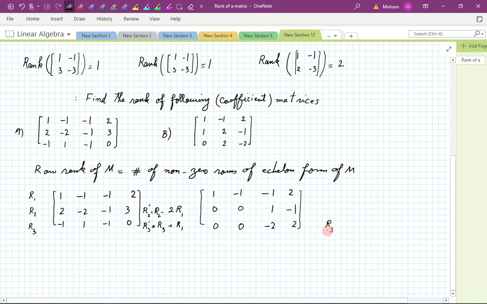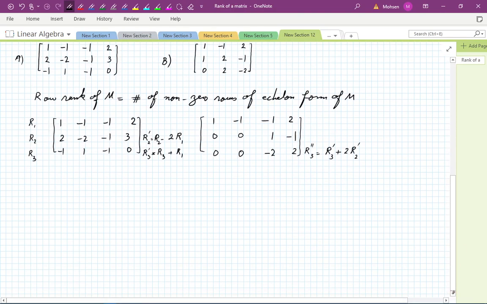This is row 3, but just to remember where it came from, let me call it row 3 prime, and then from that I have to add to row 2 prime. So that's going to be my final row number 3. I'm putting primes to be able to track them later on.